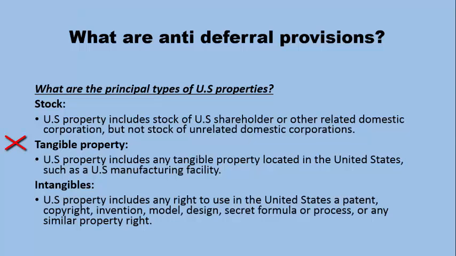Tangible property. U.S. property includes any tangible property located in the United States, such as U.S. manufacturing facilities. Intangibles. U.S. property includes any right to use in the United States a patent, copyright, invention, model, design, secret formula or process, or any similar property right.